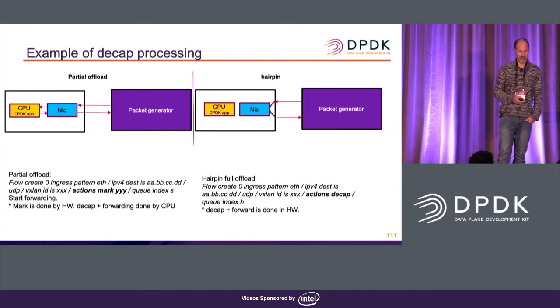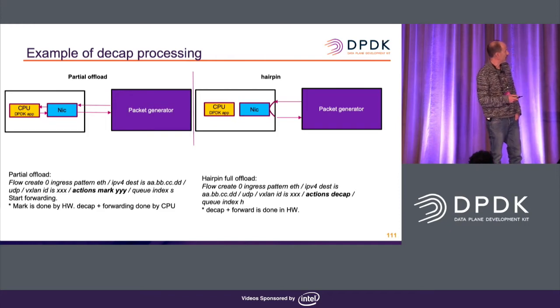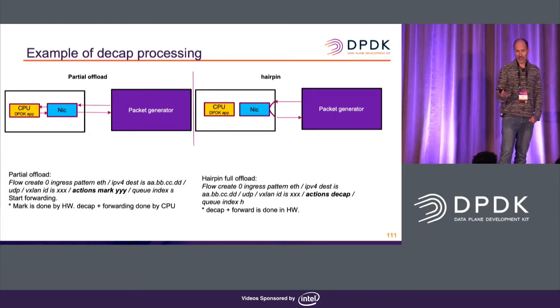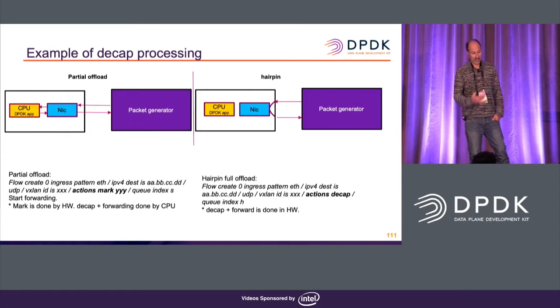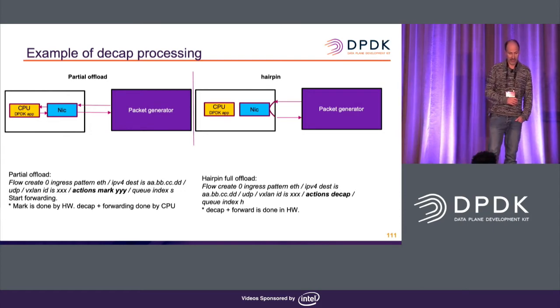We have the partial offload, which is the left side, which means the packet is received by the NIC. It marks the flow, and then transfers it to the DPDK application. The DPDK application, based on the mark action, decaps the packet and re-encaps it, sends it back to the NIC, and then back to the wire.